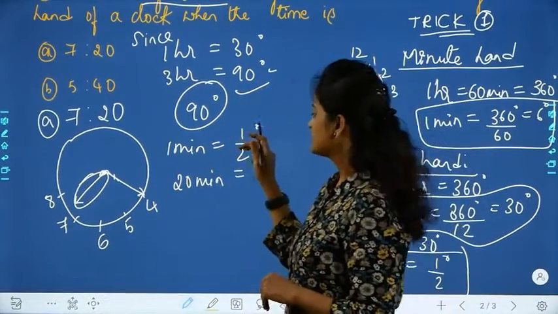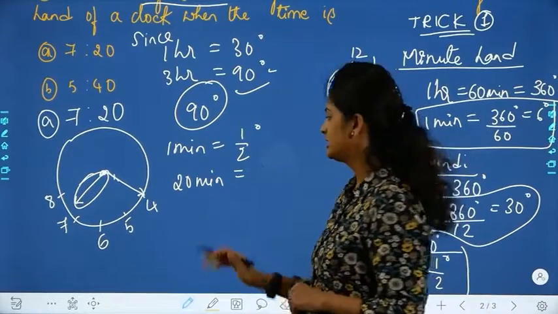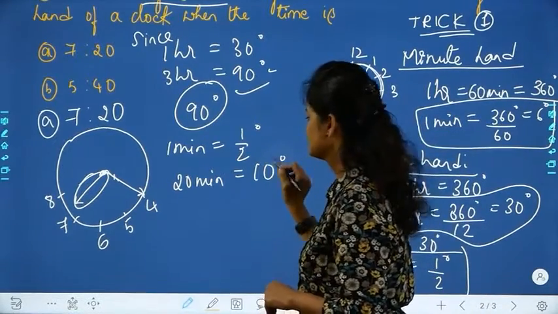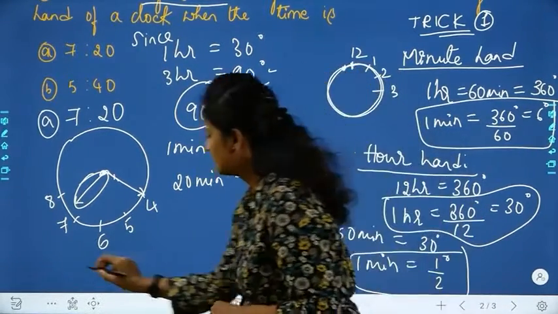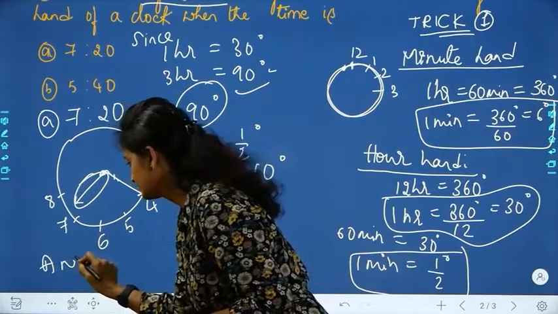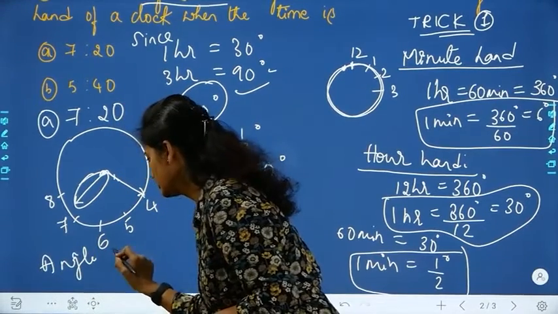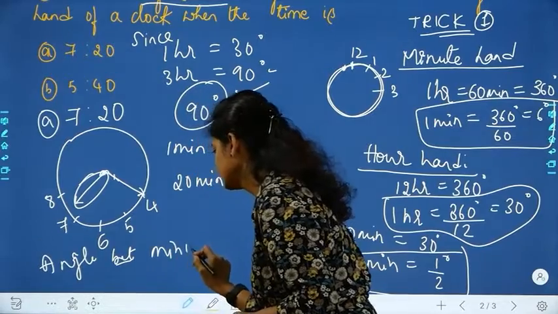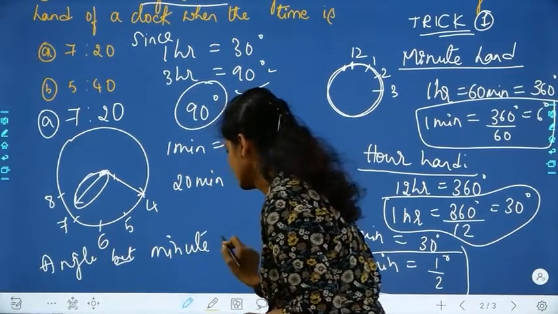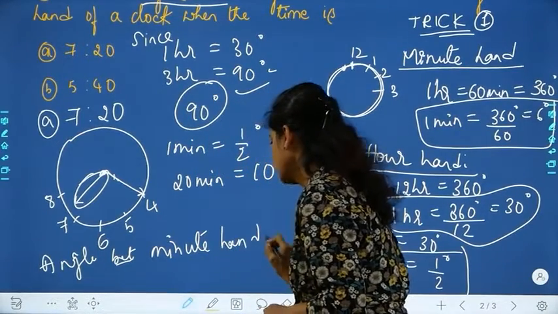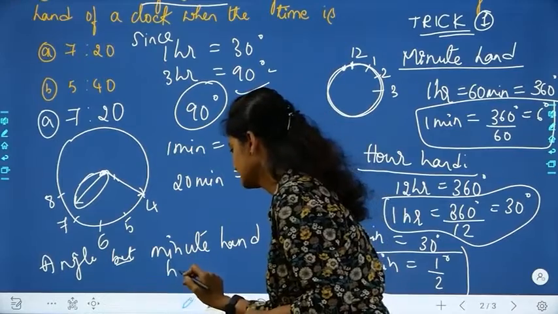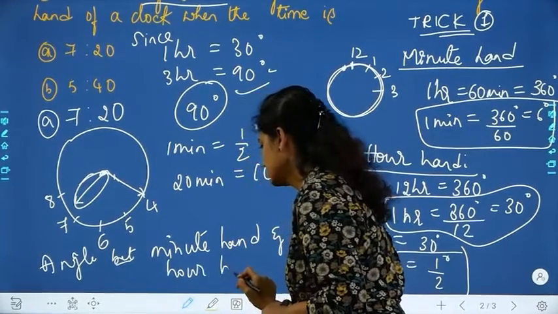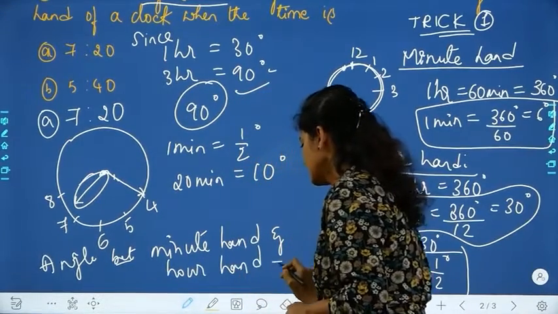Now 1 minute is giving half a degree, then 20 minutes will give you 10 degrees. Okay, then directly write: angle between minute hand and hour hand is equal to.